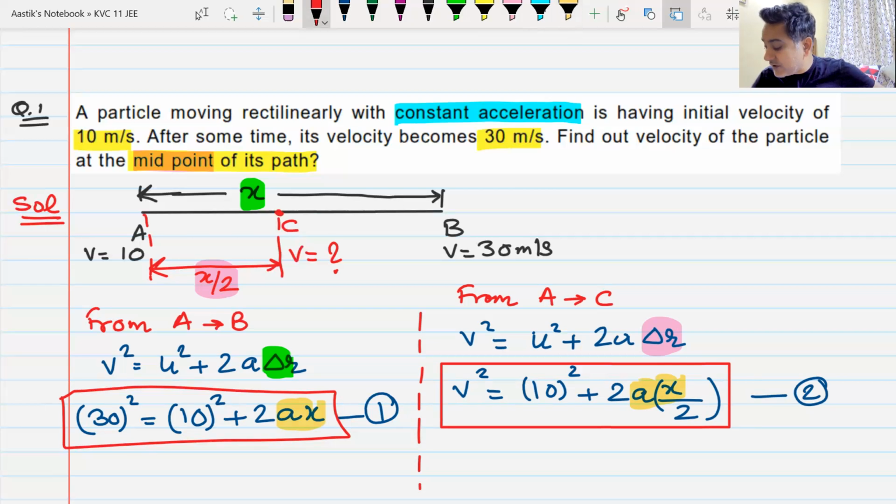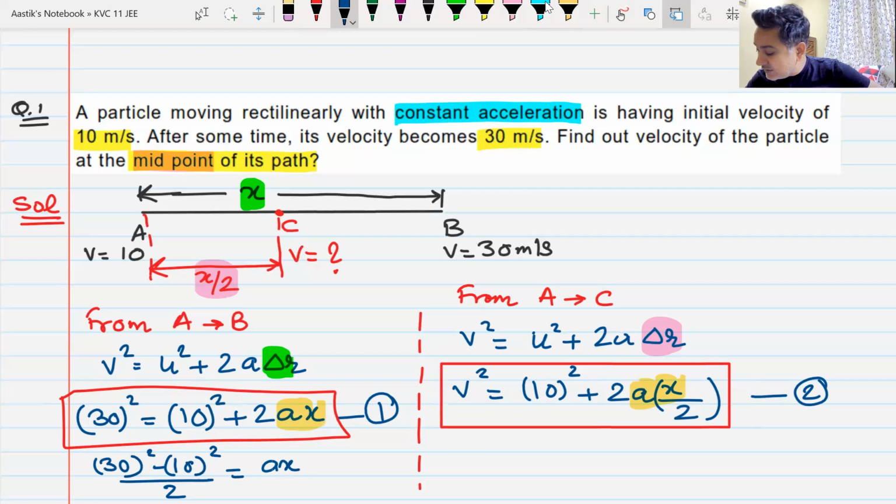For example, on the left hand side, I can write 30 square minus 10 square divided by 2. This is the value of ax. On the right hand side, I can write v square minus 10 square. These two will get cancelled, will be equal to a into x. This is a into x. This is a into x.